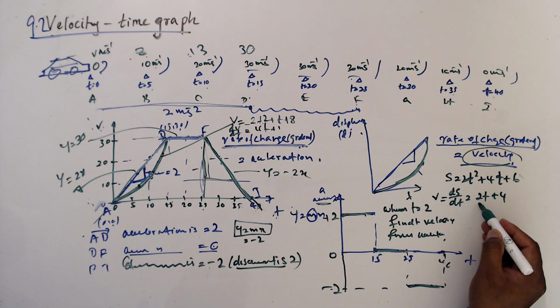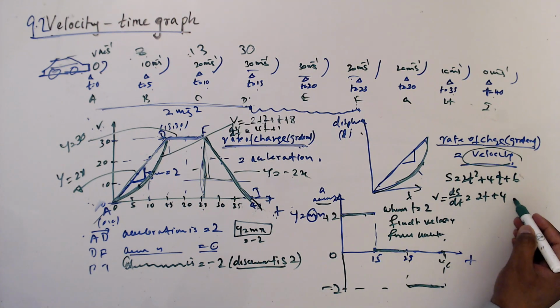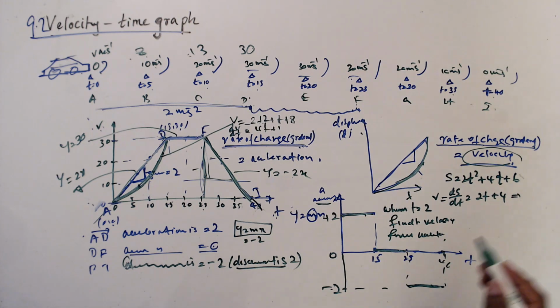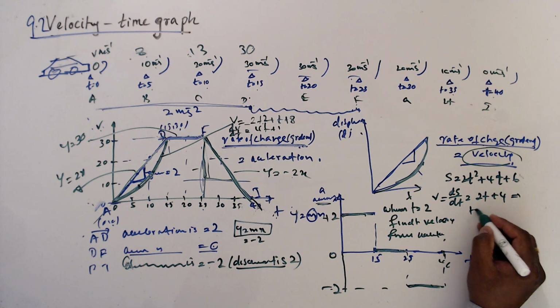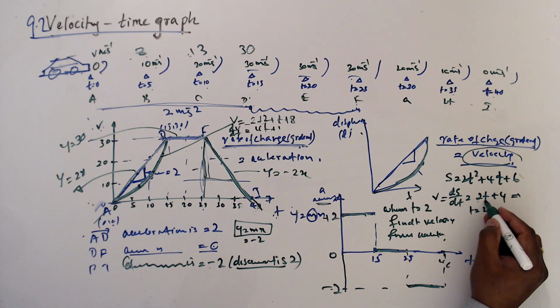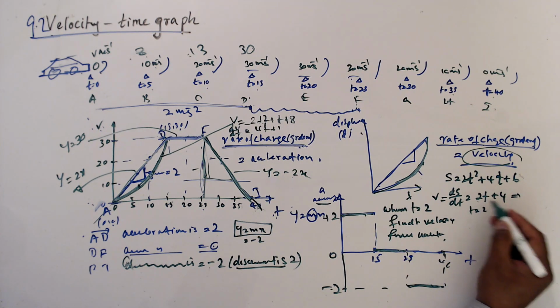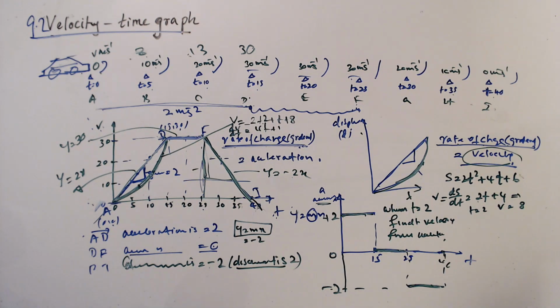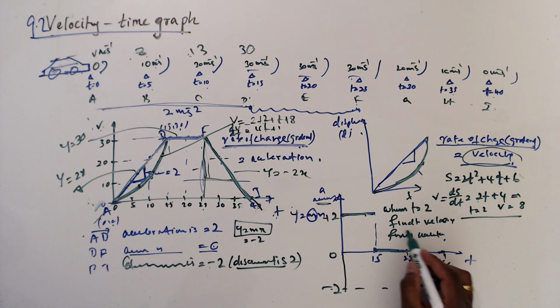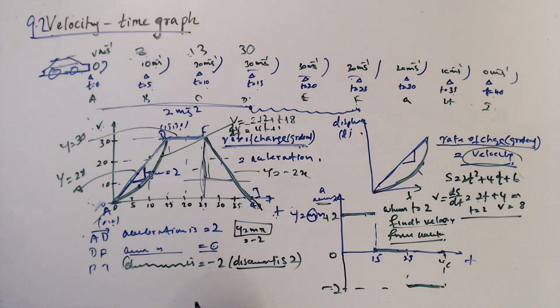Now you can find the value when t equals a given value. We'll find, with t equal to 2, 2 times 2 is 4, plus 4 is 8. So v is 8. Now the next question, find the acceleration.